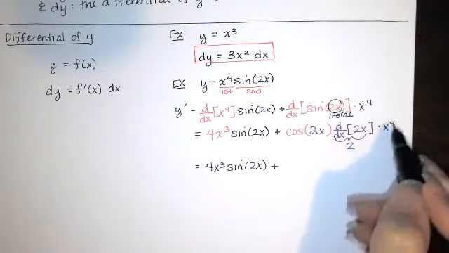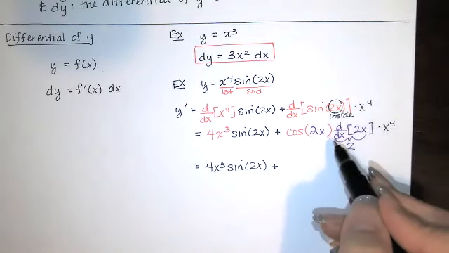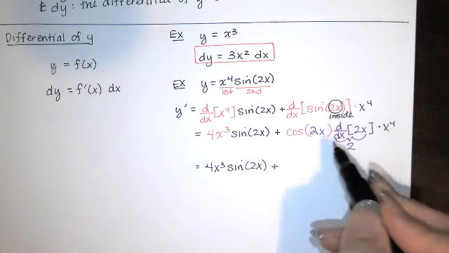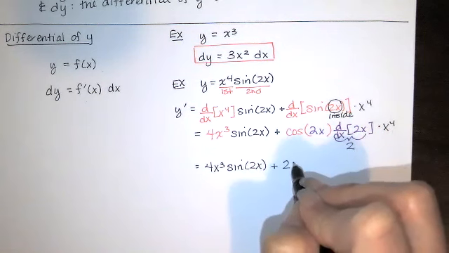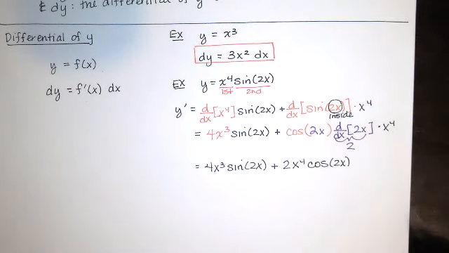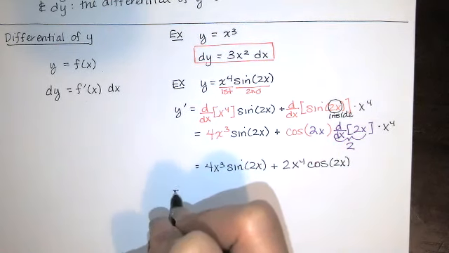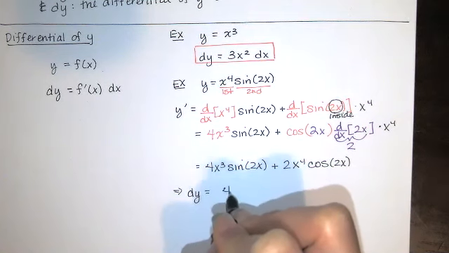Typically, we write these polynomial functions in front of trig functions, so it doesn't look like it might possibly be multiplying that angle inside the trig function. So I'll put the 2x to the fourth out front. So all I did was compute a derivative. And now if someone asks me for the differential of y, I take the derivative.